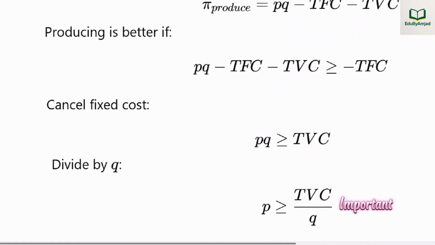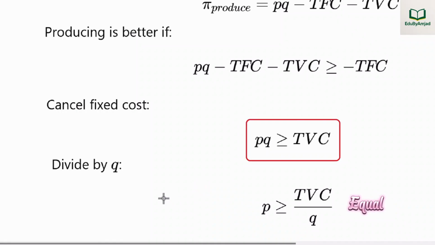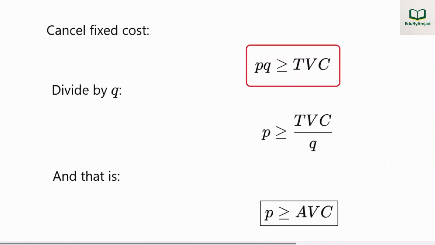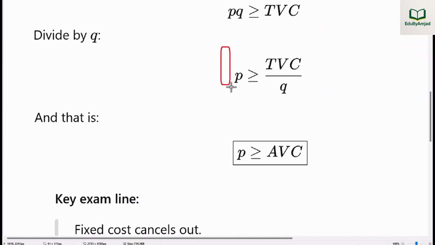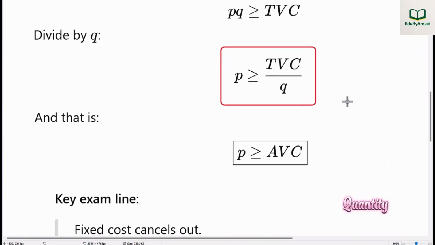Now notice something important. Fixed cost appears on both sides. So fixed cost cancels out. We are left with price times quantity greater than or equal to total variable cost. Divide both sides by quantity.